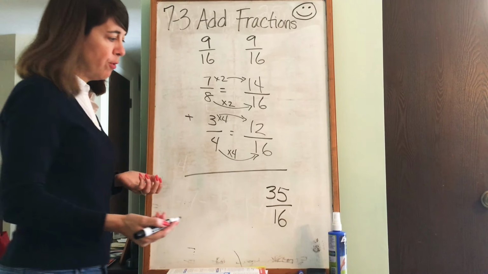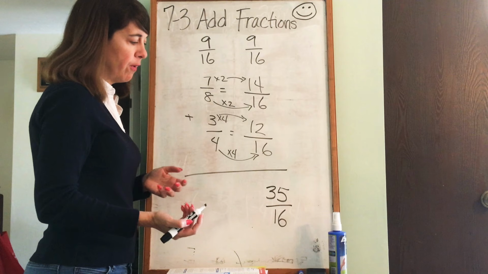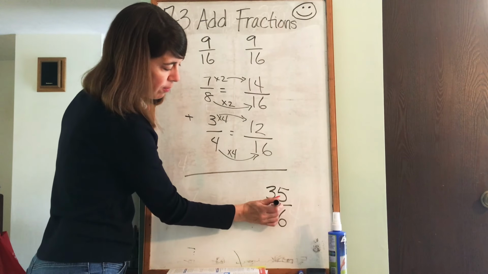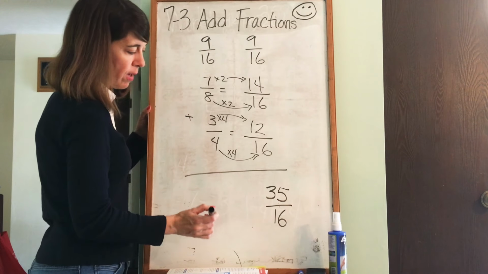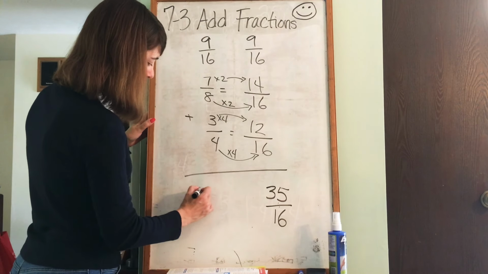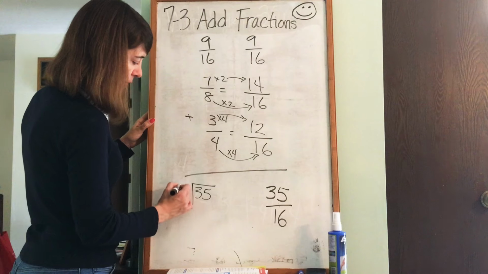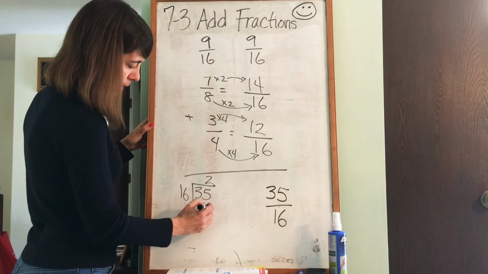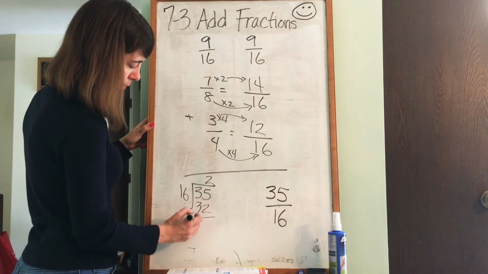The last thing that we'll do here is we will convert this into a mixed number. Remember, to do that, we divide, and we would sometimes put the divide sign right there to remind us. So we do 35 divided by 16, and that is 2, and that's 32.